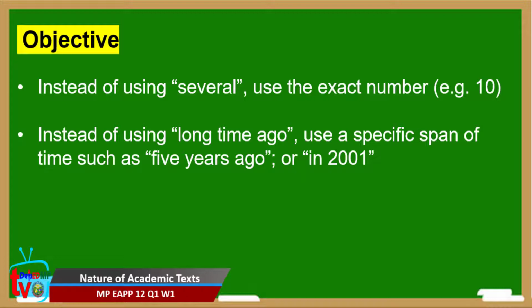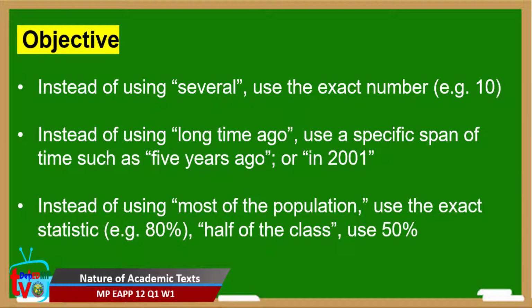Another, instead of using most of the population, use the exact statistic. Example, 80%, 10%. Or if it is half of the class, use 50%.